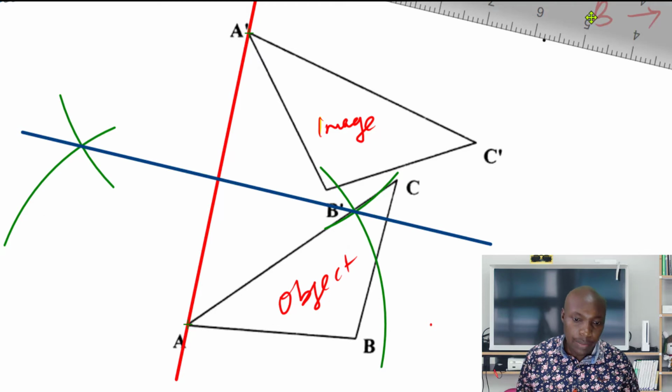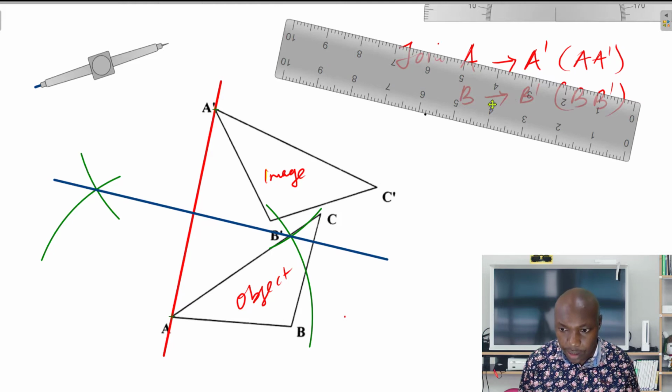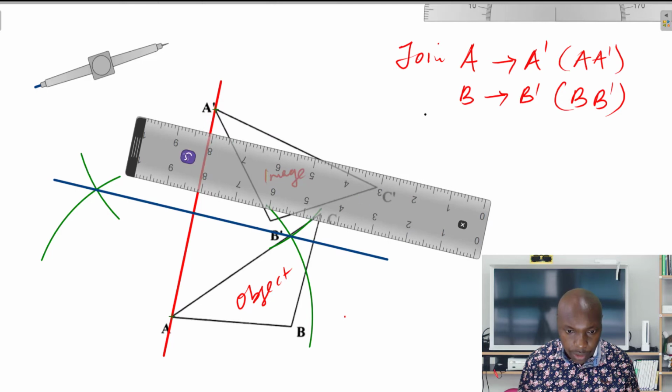So A A prime. Now let us join another line, and in this case I want to join B to B prime as well. I can choose C to C prime. Now for the purposes of clarity of the question, when I look at the position of B and B prime, it's still okay, I can still use that. You can either decide to use B and B prime, or you can decide to use C and C prime. So let me use B and B prime as earlier indicated. So I want to join.